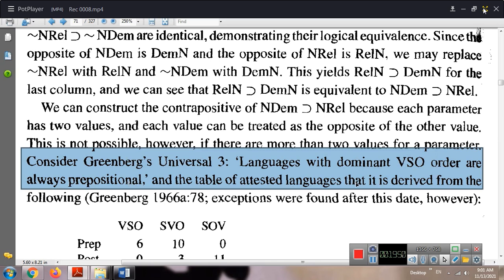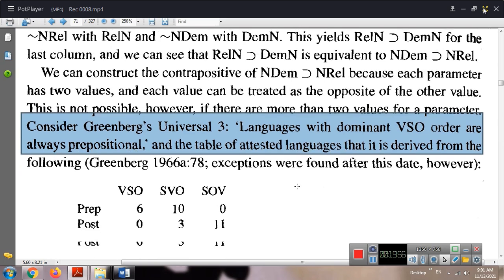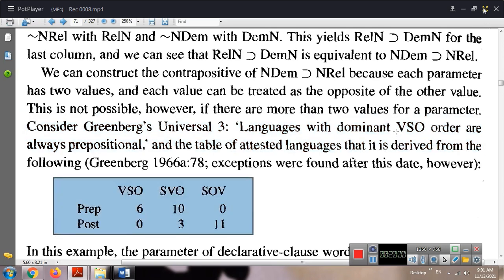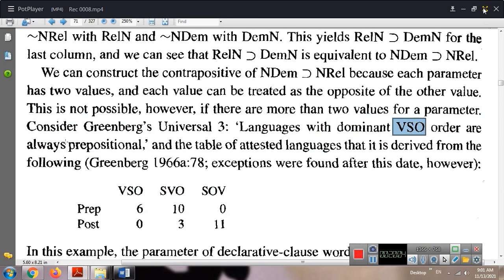And the table of attested languages from which it is derived is the following. Okay, here Greenberg found the VSO languages, which are always prepositional. Greenberg studied languages based on prepositional and postpositional.